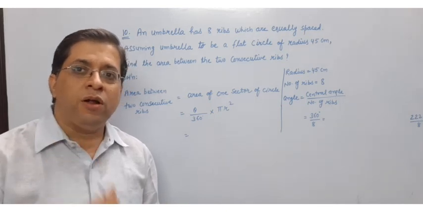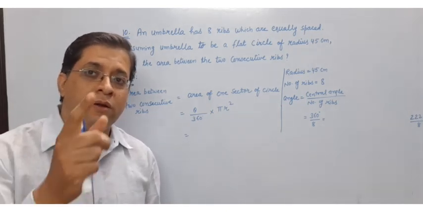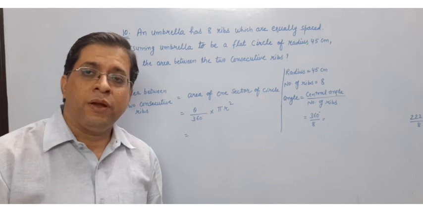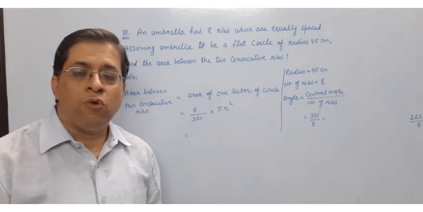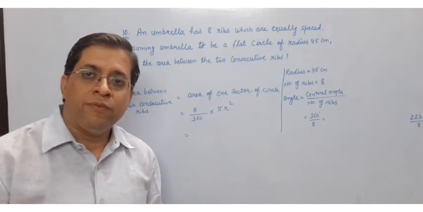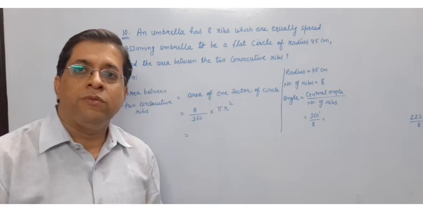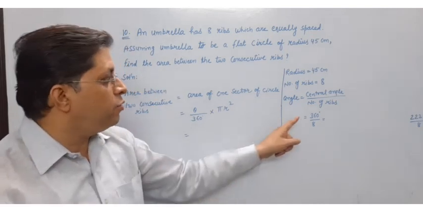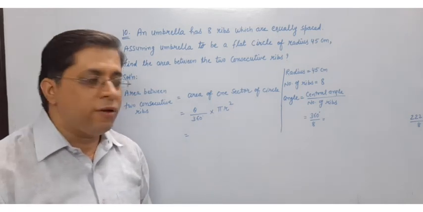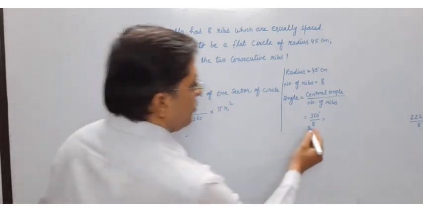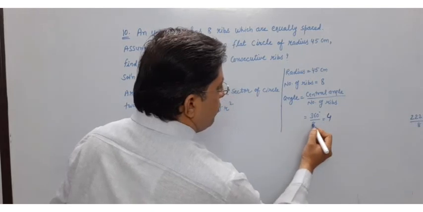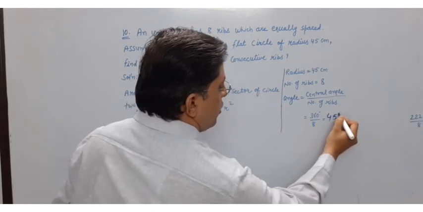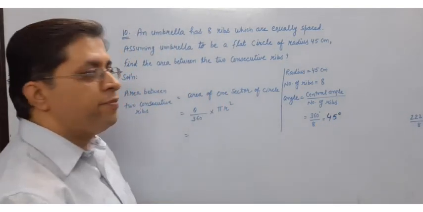How many ribs are there in the umbrella? That is 8. So the angle is central angle upon number of ribs, 360 degree upon 8. 8 4s are 32, 8 5s are 40. 45 degree you will get.